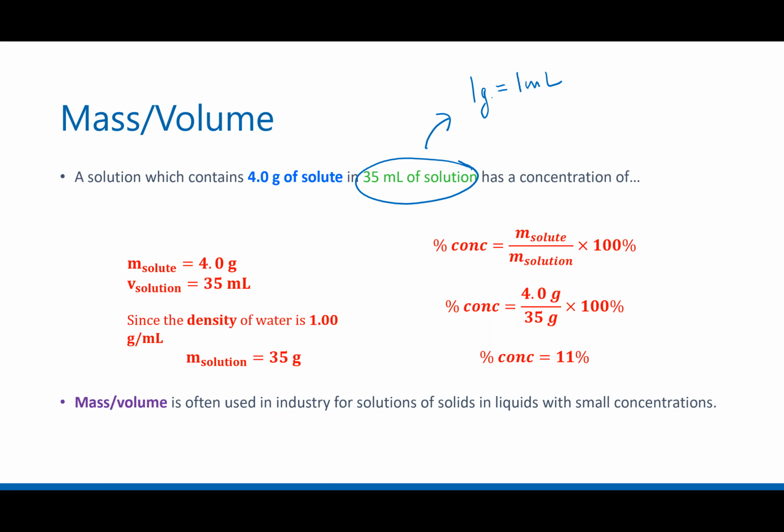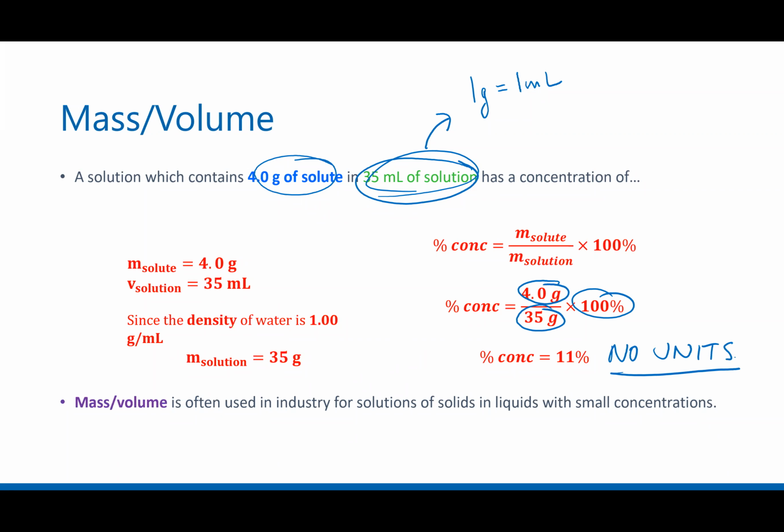So if I want to find this answer, it's the exact same calculation. It's 4 divided by 35 times 100. Notice there's no units for this. It's just percent.